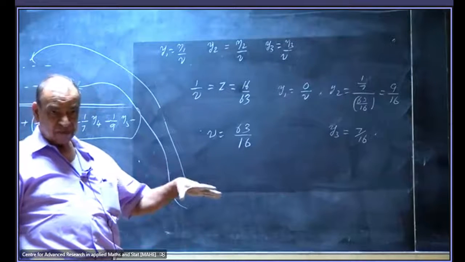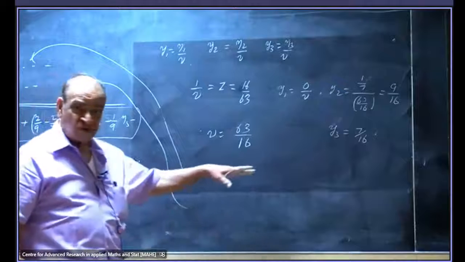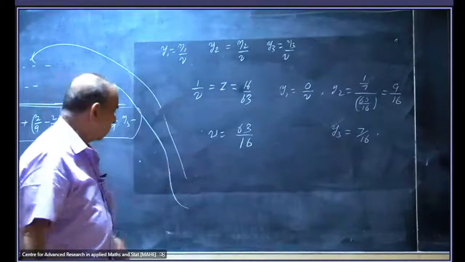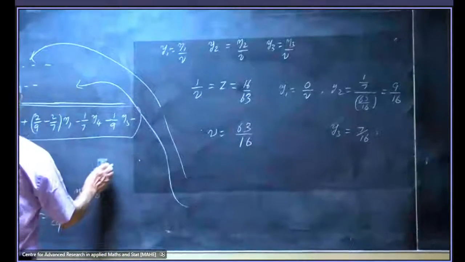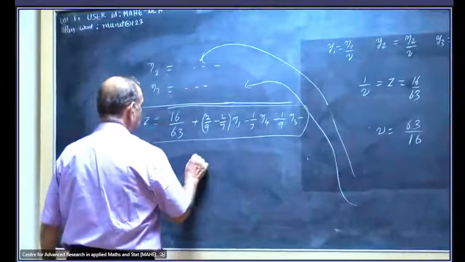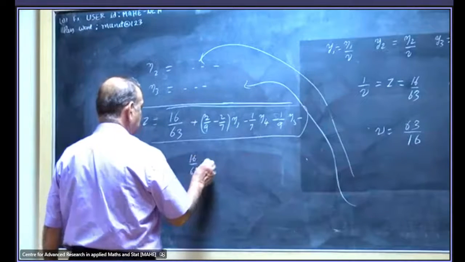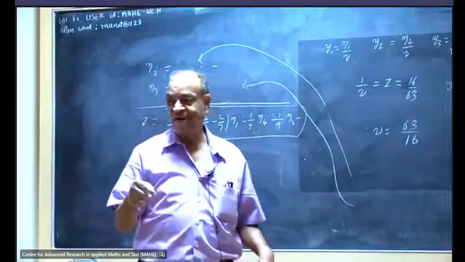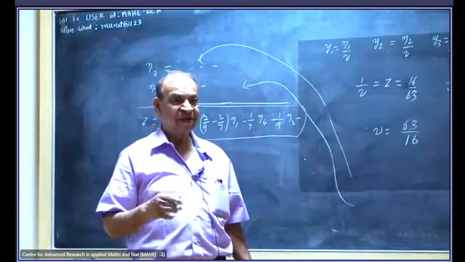When the final table comes, the final table has also the answer for the row player. Okay? This I will explain next time.